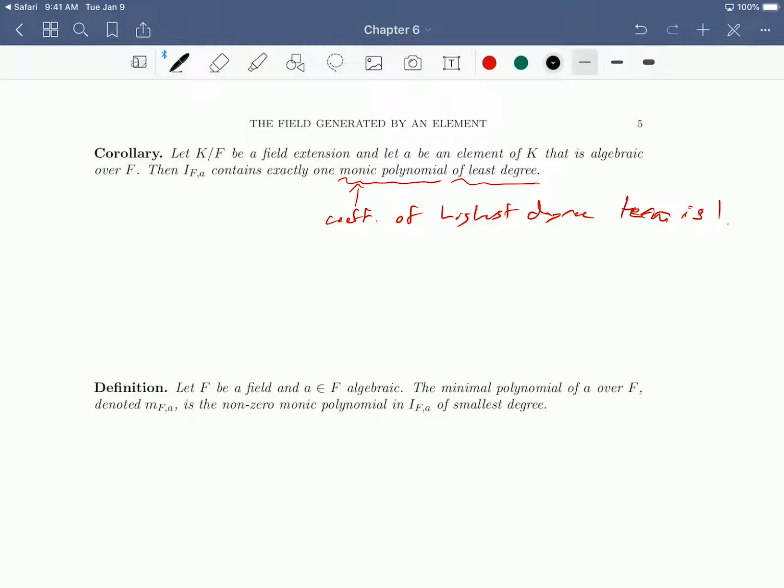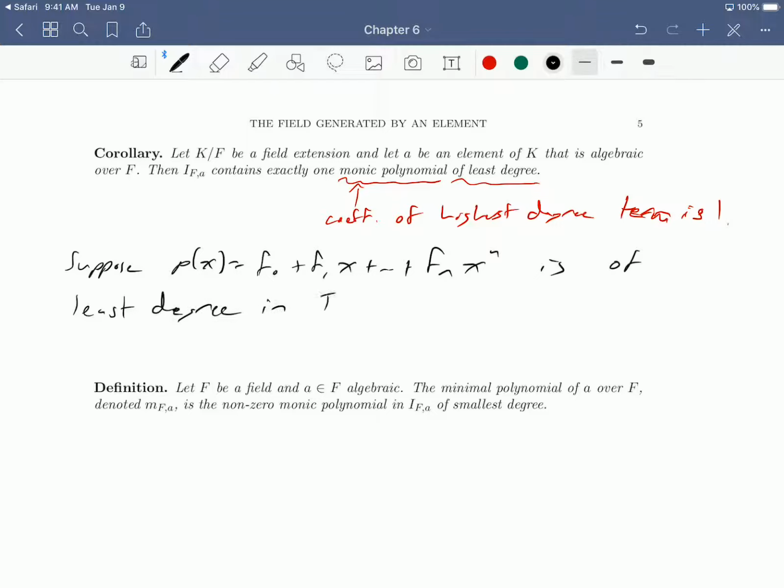All right, so what the corollary says is there's only one of these things: if you choose a polynomial of least degree, there's only one that's of least degree and monic. And we can see this. Suppose p of x, which is f0 plus f1 x plus dot dot dot up to fn x to the n, is of least degree in I sub f a.